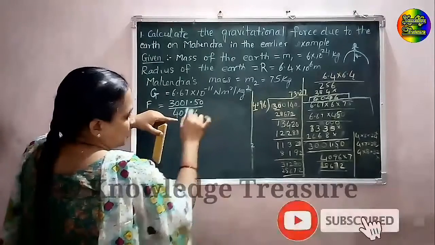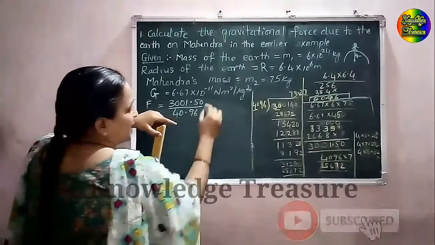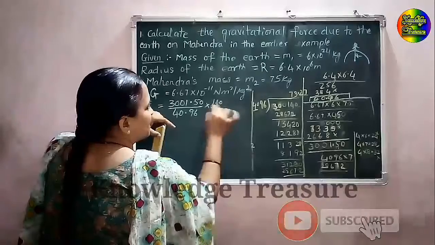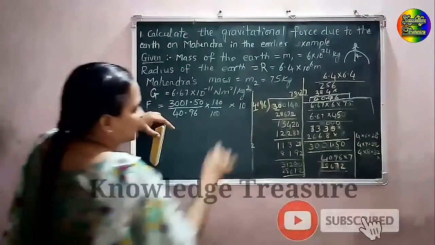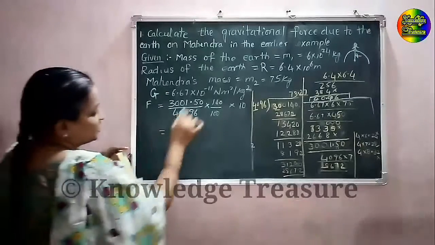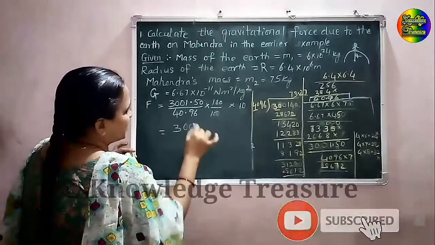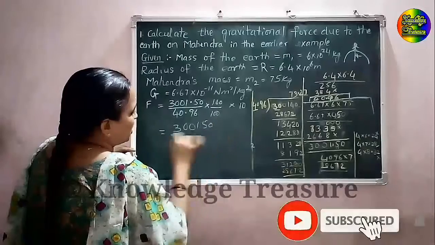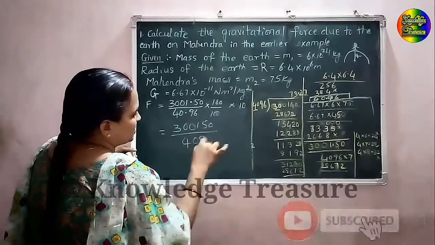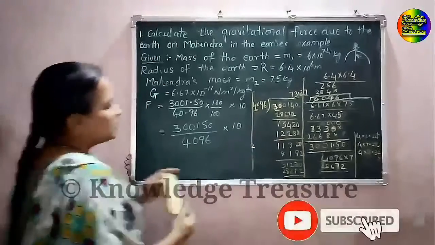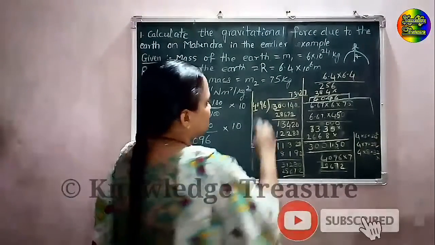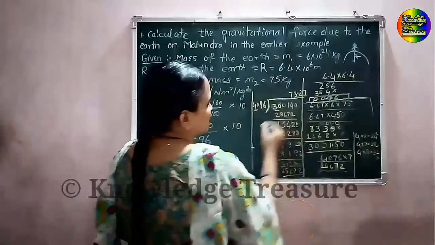To remove this decimal point, I am multiplying and dividing by 100. And here one more 10 is there. So what you are getting is 3050 upon 4096 into 10.